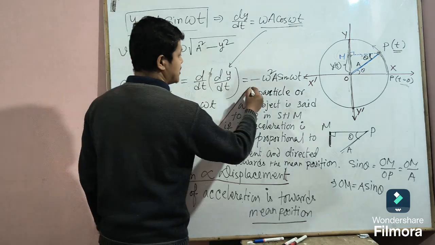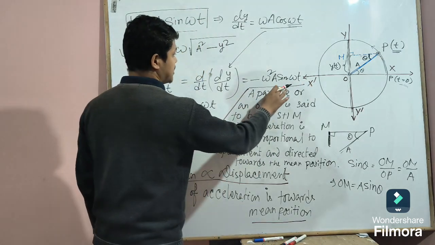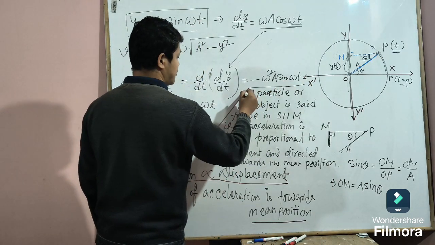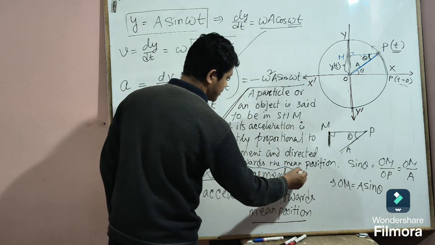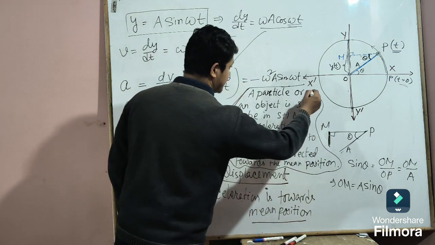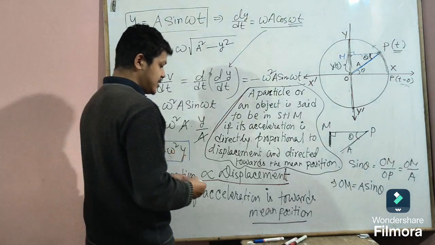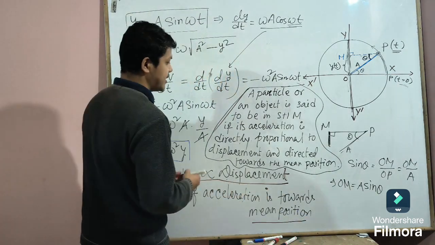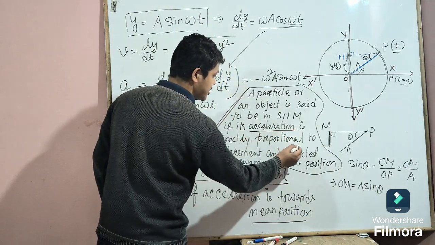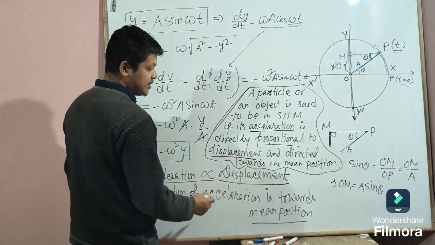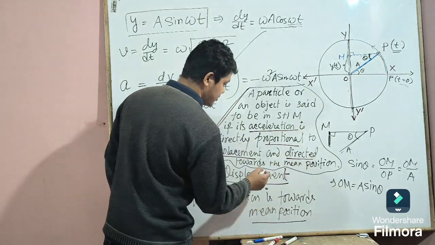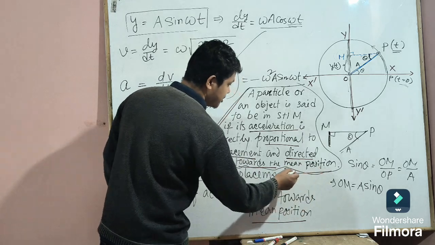A particle or an object is said to be in simple harmonic motion if its acceleration is proportional to the displacement and it is directed towards the mean position.